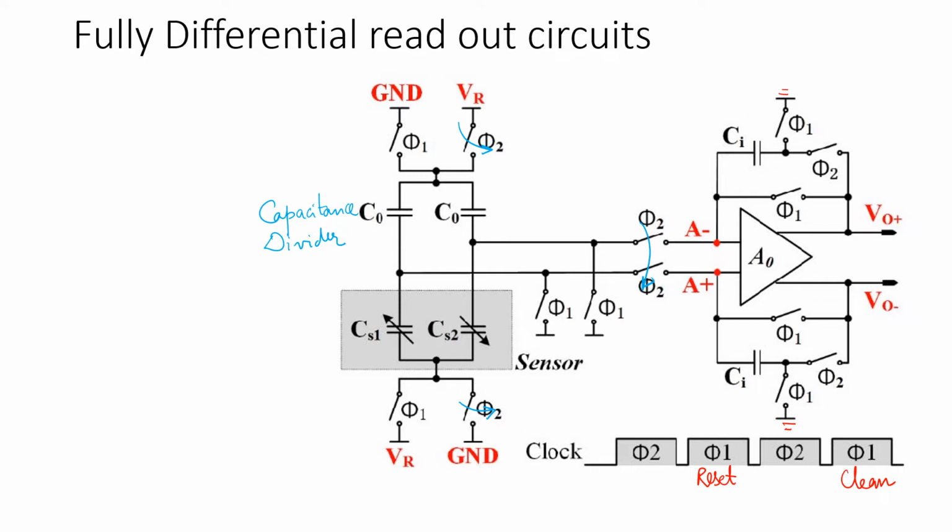So what is the voltage that is given across the capacitor? The capacitor divider voltage, assuming the input is V in or V out, would be given as Cs by C naught times V, your voltage divider across each plus Cs.